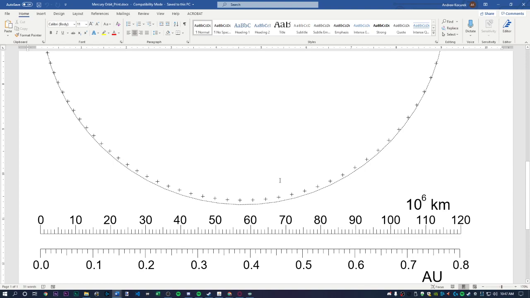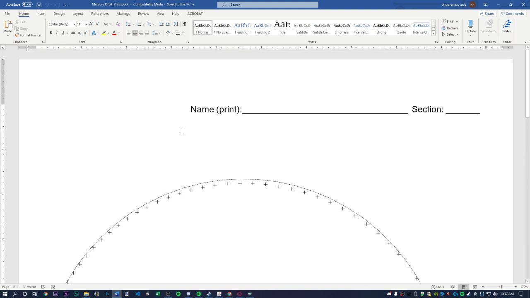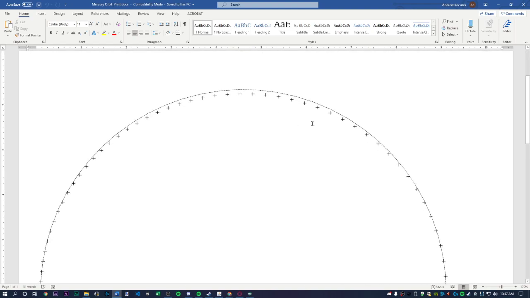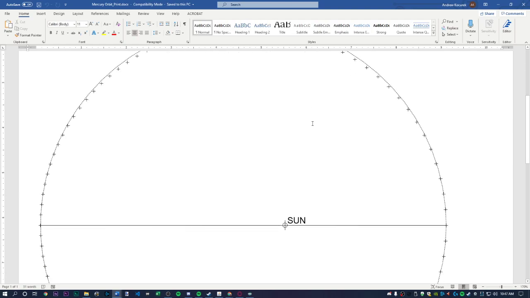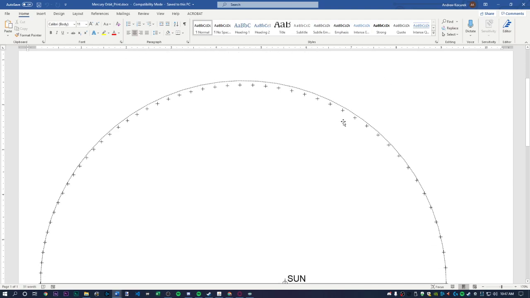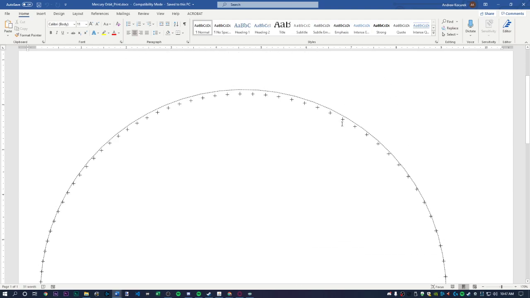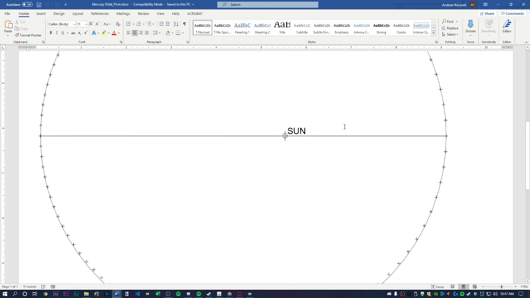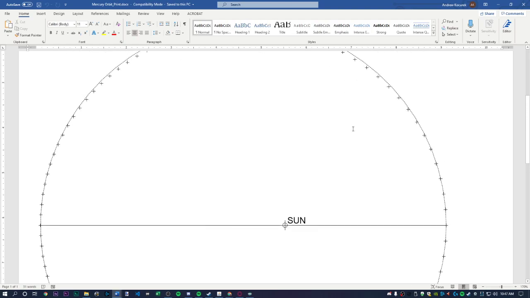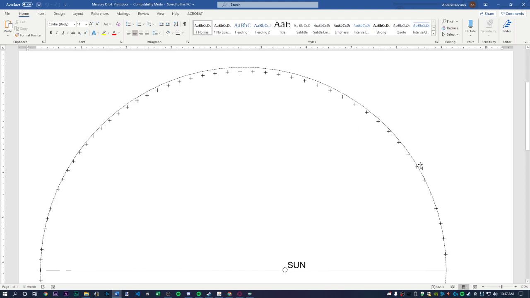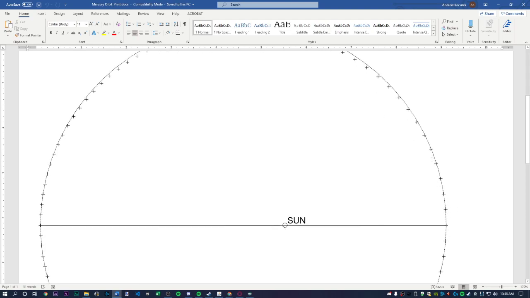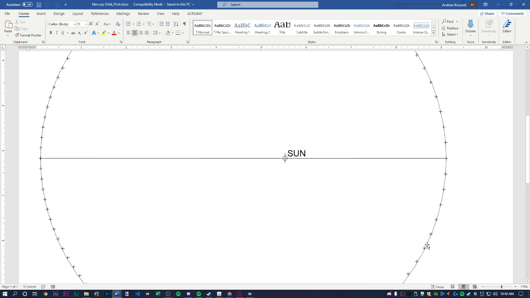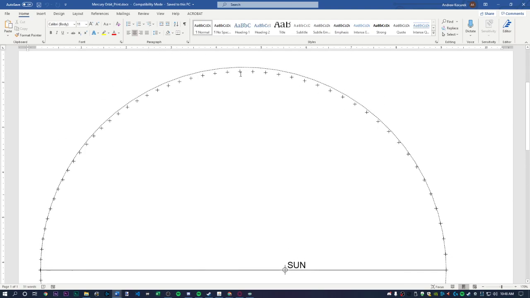So this is a printout of Mercury's orbit, and a little bit about this is we made this at Stephen F. Austin when I was there. This is a very accurate representation of Mercury and its orbit in a slight ellipse. You can see over here that each one of these little plus signs, these crosses, is actually where Mercury's orbit is.